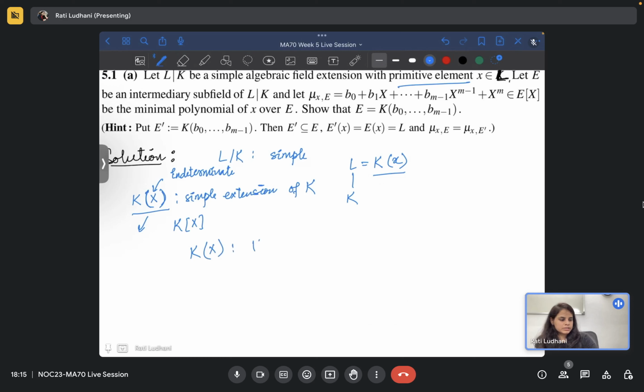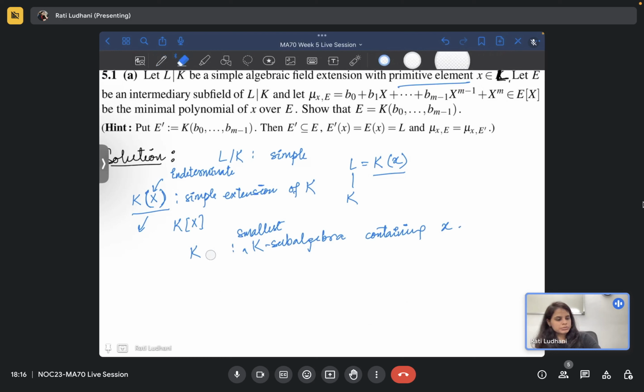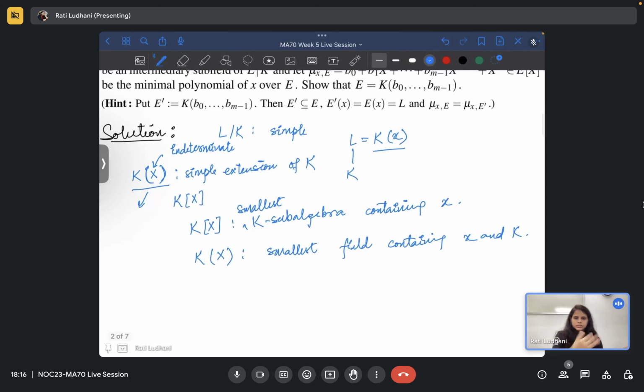This is the smallest K-subalgebra containing X. So I should write it like this, and then if you want a field, this is the smallest field extension of K, maybe the smallest field containing X and K. From these notations itself, as you said, this is the quotient field of K[x].